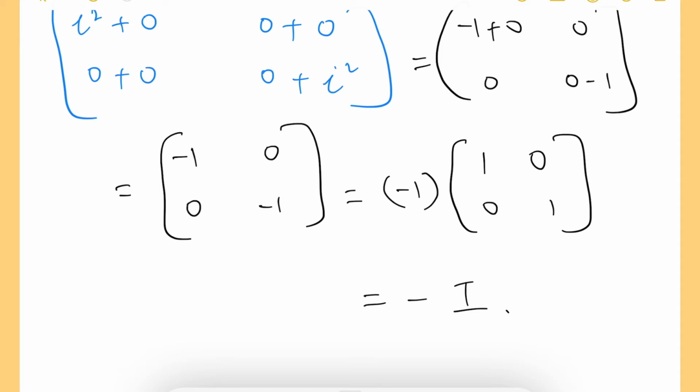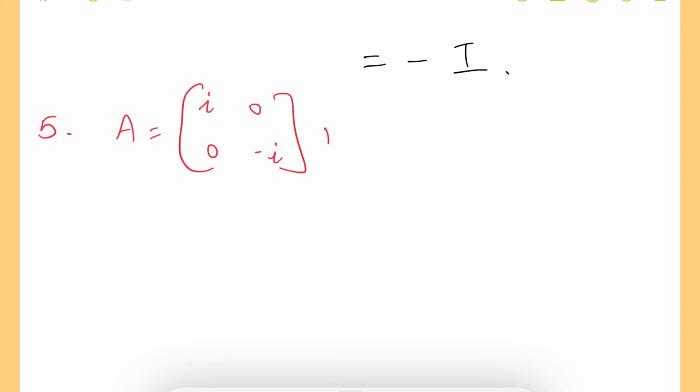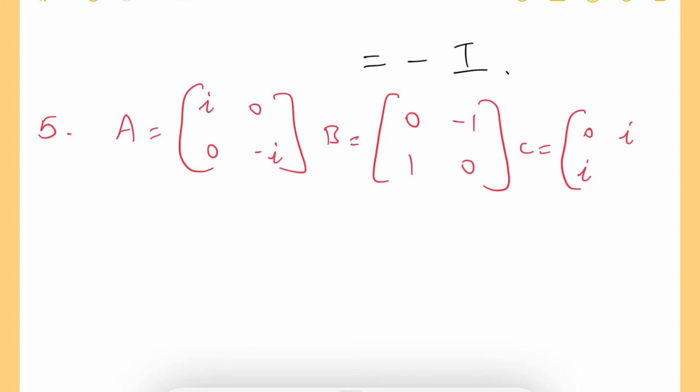Next, let's move to the fifth bit. In the fifth bit, matrix A is given as [I, 0; 0, minus I], and matrix B is given as [0, minus 1; 1, 0], and matrix C is given as [0, I; I, 0].